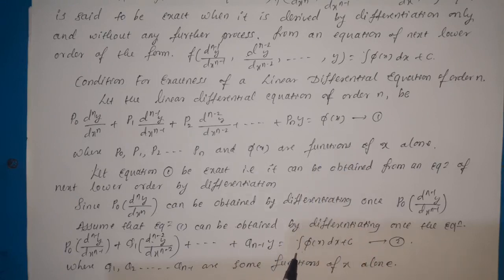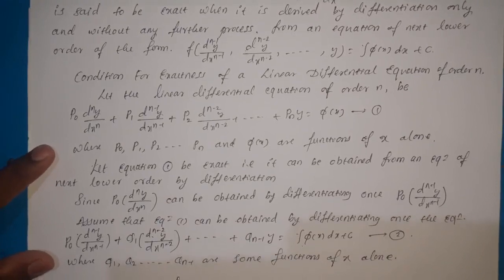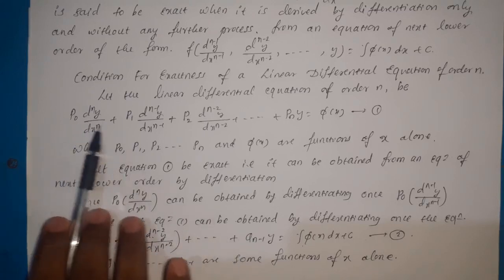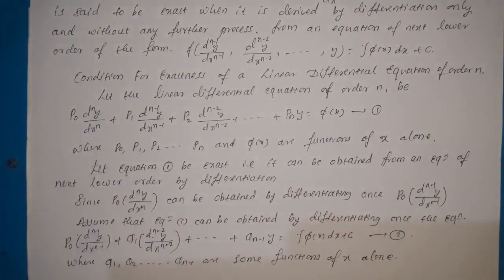So therefore we are considering the integral sign, where q1, q2 and so on up to q n minus 1 are some functions of x alone. Now here we have considered an exact equation which can be derived from the other equation. That equation is nothing but this one. So let us name that the second equation, and the first equation is exact, that is the standard form of the equation.